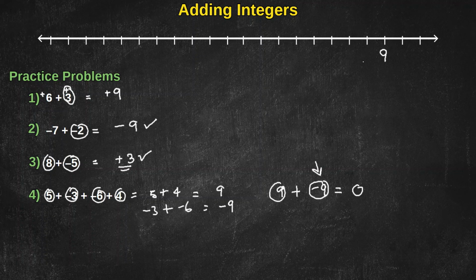So let's move towards the left 9 digits. 1, 2, 3, 4, 5, 6, 7, 8, 9. This digit here should be 0. Let's check. 8, 7, 6, 5, 4, 3, 2, 1, and 0.